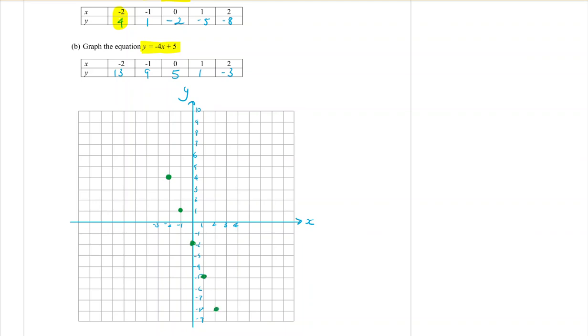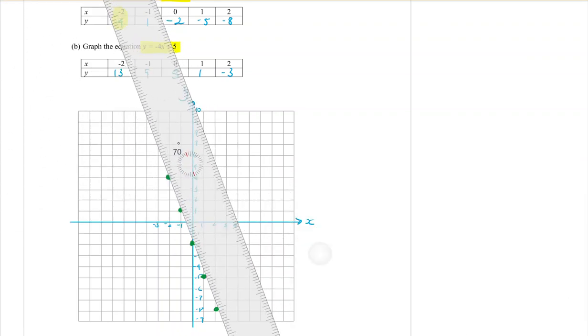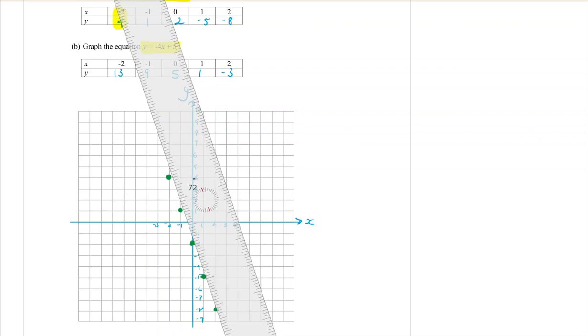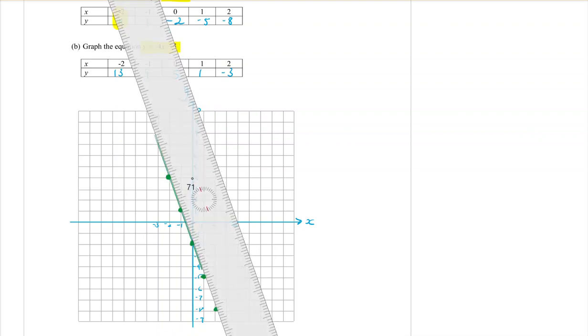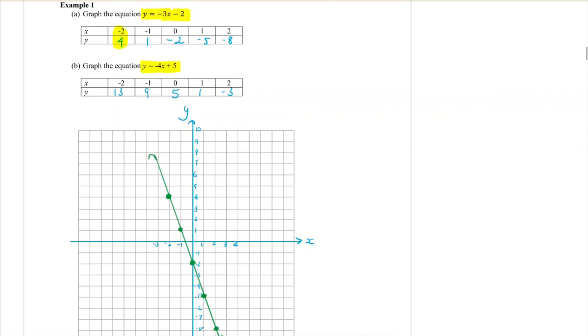And remember that these are linear lines that we're drawing here, so they should be perfectly straight. You should be able to get the ruler going nicely through those dots and draw a line going through. Put arrows on the end and write the equation y equals minus 3x minus 2.